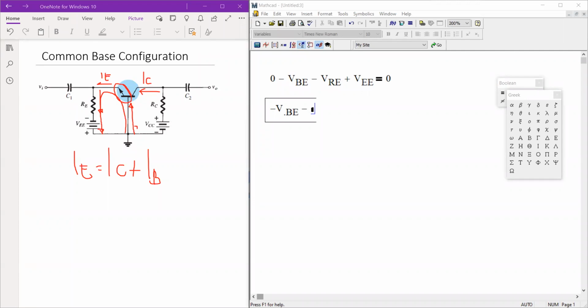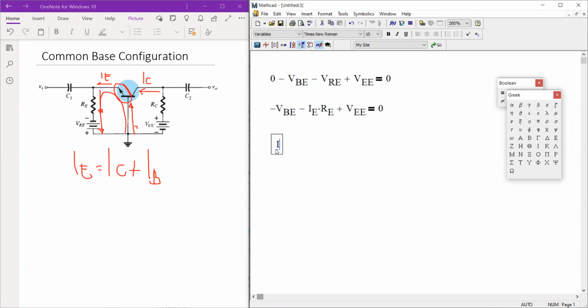And then let's start our analysis for IE, for V sub RE. So that's IE times resistor R sub E, plus VEE, which is equivalent to 0.